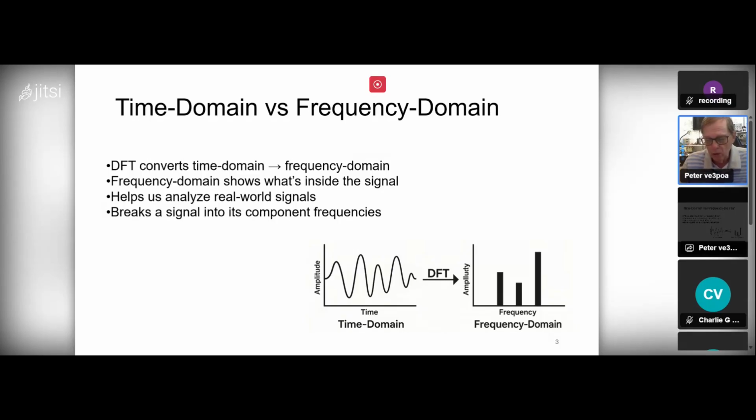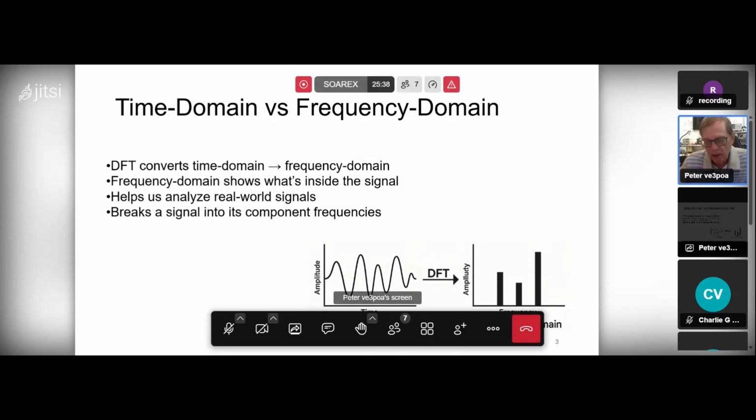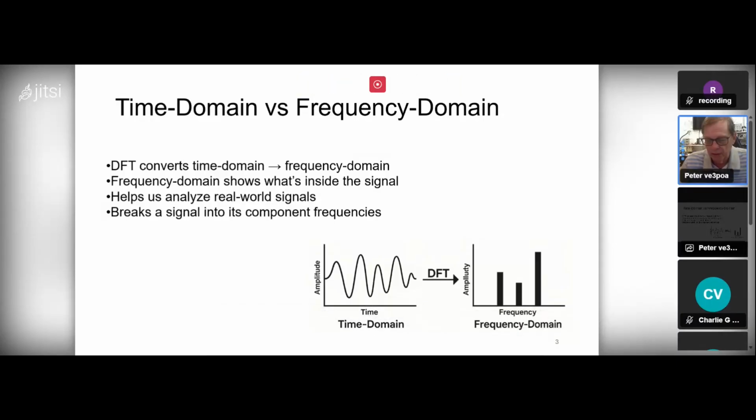It's important in real-world applications like filtering, communications, and noise analysis, because many signals can look similar in the time domain but have very different frequency content. You can think of this like shining a white light through a prism. The DFT reveals the individual colors, or the frequencies, if you will, that are hidden inside that signal.